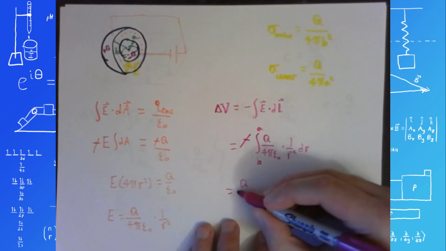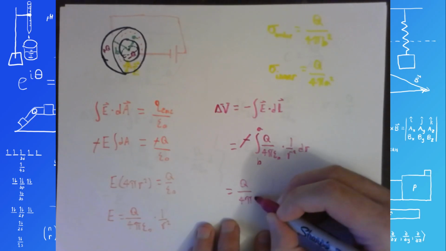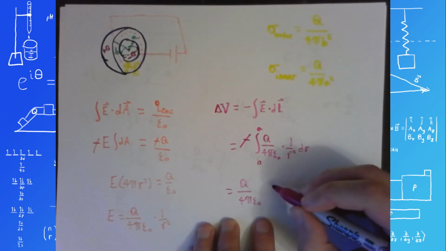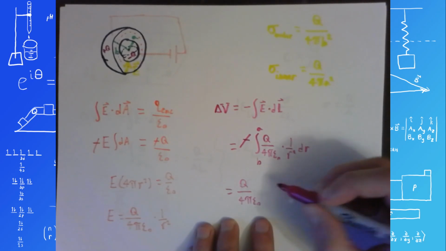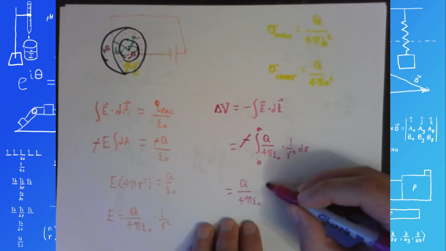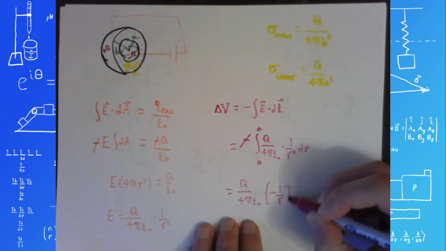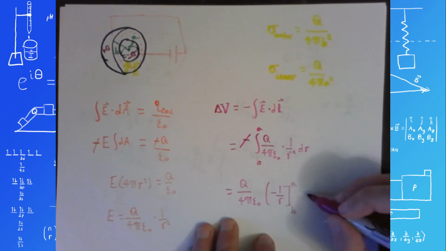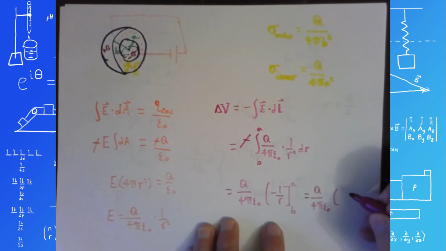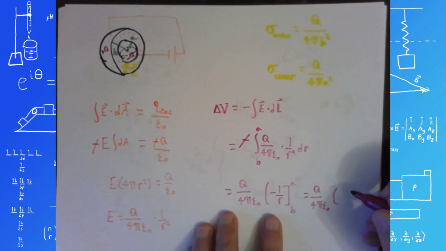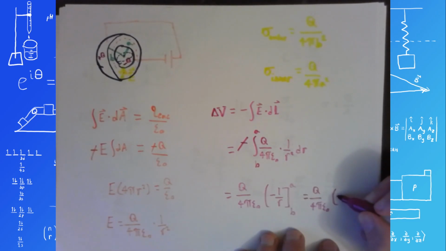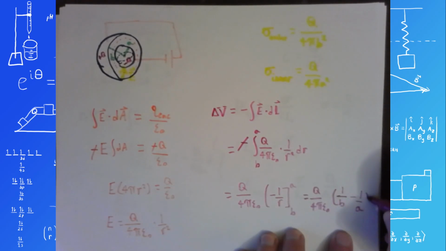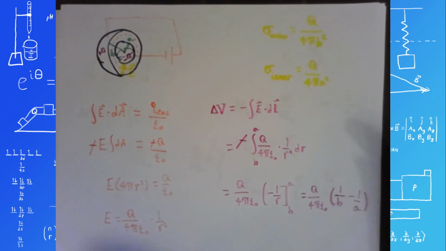So we've got Q over 4 pi epsilon naught times the integral of 1 over r squared dr. That's just going to become negative 1 over r, evaluated from b to a, which equals Q over 4 pi epsilon naught times negative 1 over a minus negative 1 over b, or I could also write it as 1 over b minus 1 over a.